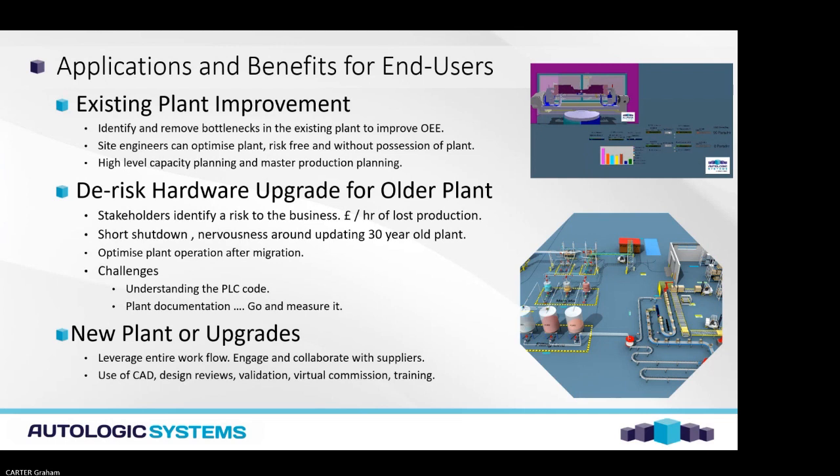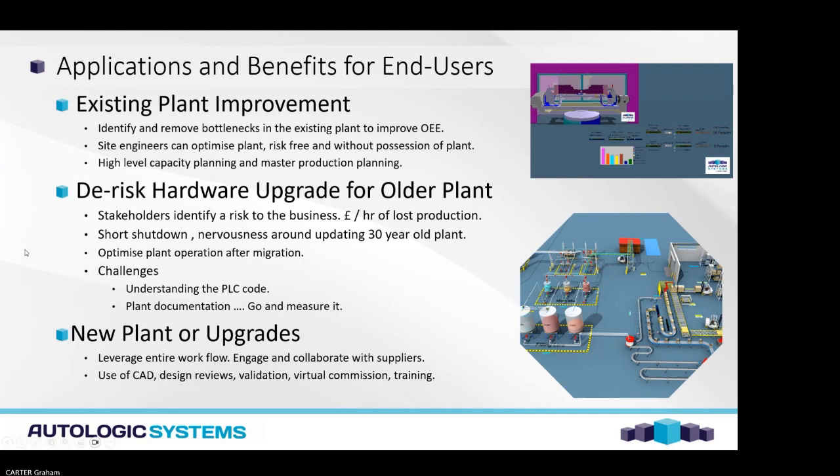So let's take those PLC zones where the hardware's being upgraded, with new drives and the latest PLC platforms, and do our virtual commissioning. That's a piece we can do, and if you do that, you're guaranteeing that the plant is going to be available on the Monday morning after the weekend shutdown.